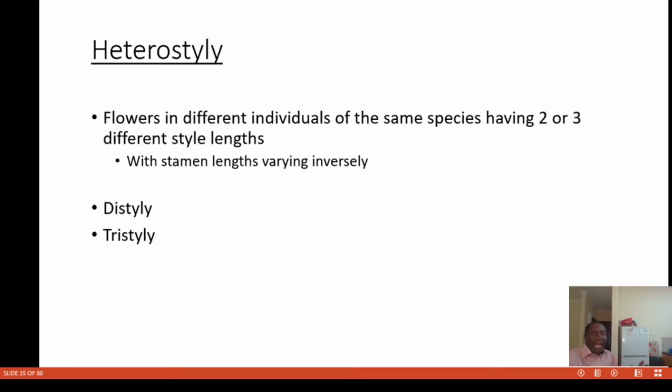Then we have differences even in the morphology of the styles. We have heterostyle. The flower in individuals, the same species, having 2 or 3 different style lengths, with stamen length varying immensely.